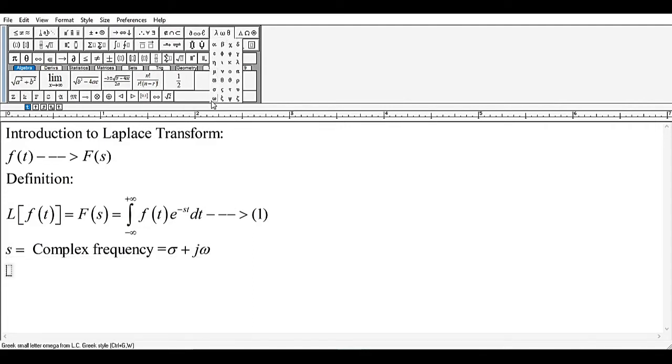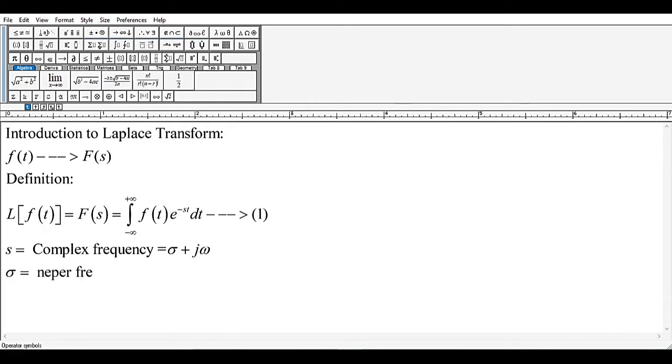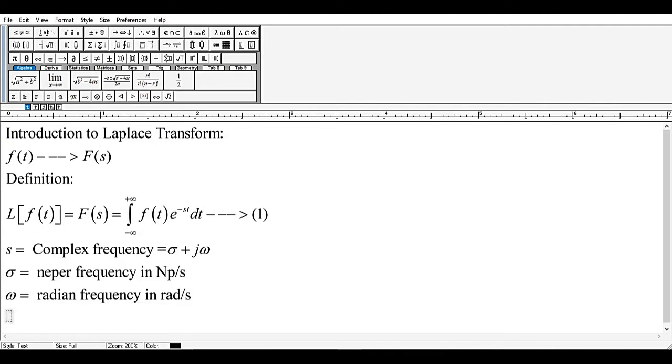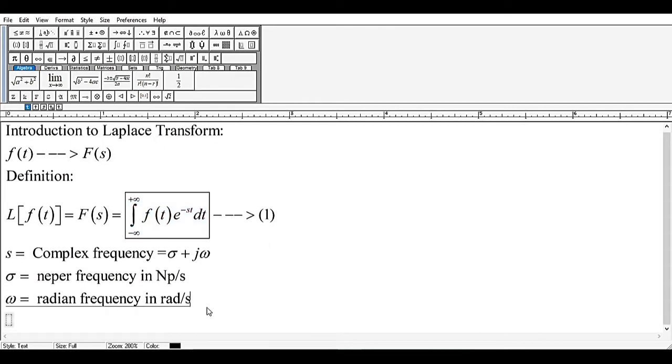This sigma is called Neper frequency and it is measured in the units of Nepers per second, and omega is the radian frequency and it is measured in radians per second. Therefore, in short, by the help of the integral given by equation 1, Laplace transform of any function is defined.